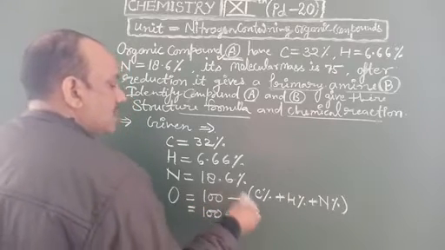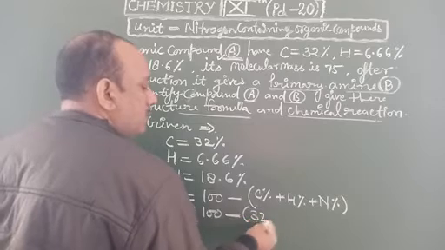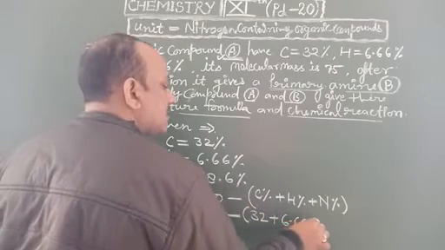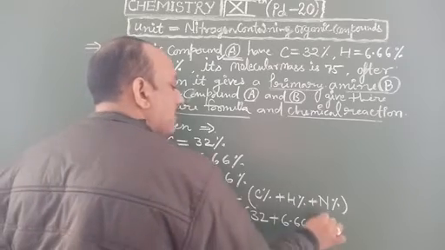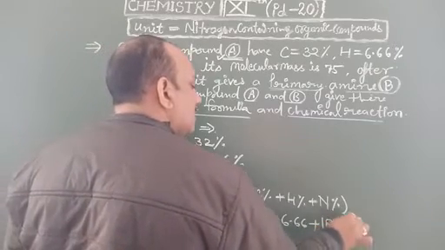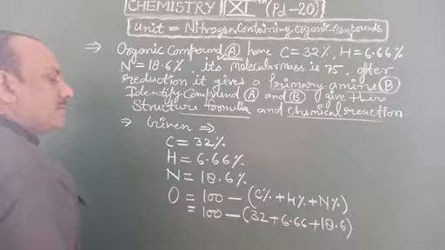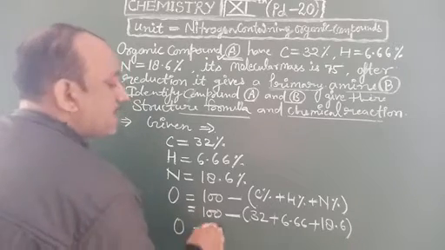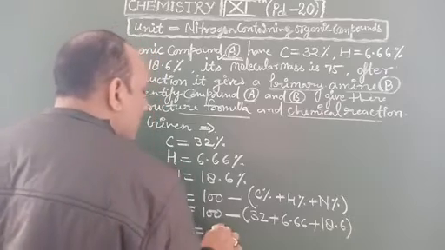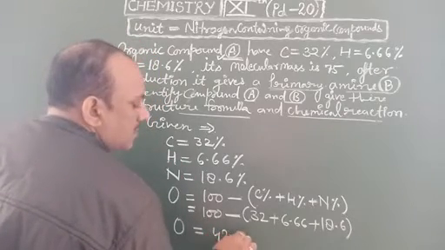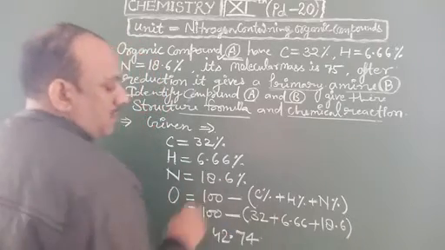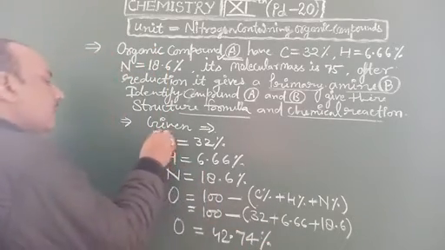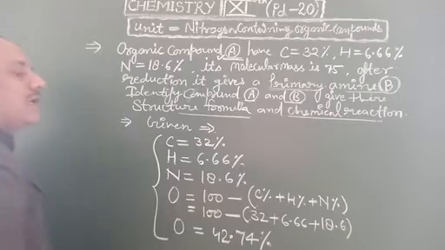Hundred minus C percent 32, H percent 6.66, N percent 18.6. So the oxygen percent here is 42.74. All percentages that are available in compound A are now estimated.